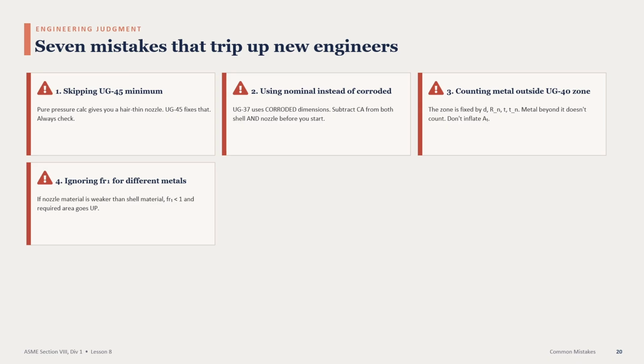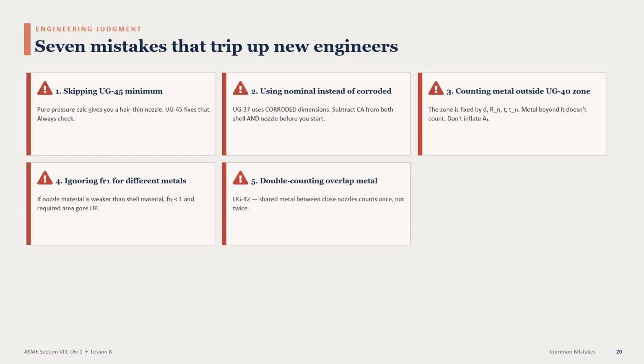Ignoring FR1 for different metals. If the nozzle material is weaker than the shell material, which happens sometimes, FR1 drops below 1 and the required area goes up, not down. You need more reinforcement, not less.